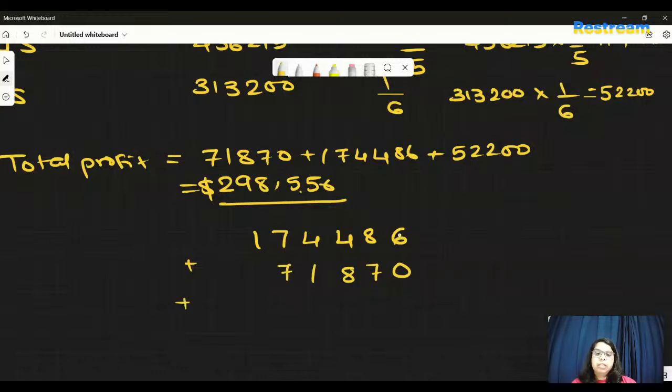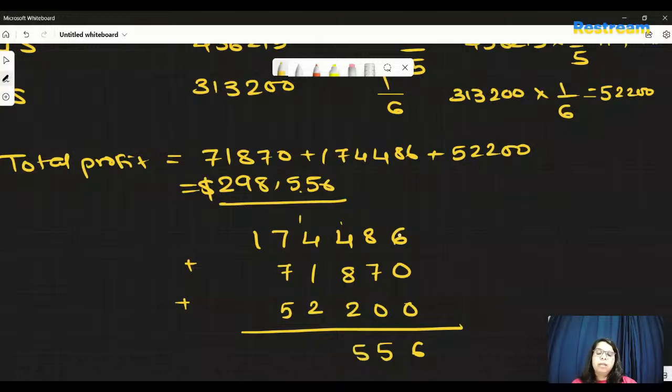So 6, 8 plus 7 is 15, 1 carry, then 8 plus 2 is 10 plus 4 is 14 plus 1 is 15, again 1 carry, 5 plus 3 is 8, 7 plus 7 is 14 plus 5 is 19, 1 carry, so 298,556. Okay, this is how we are going to do this.